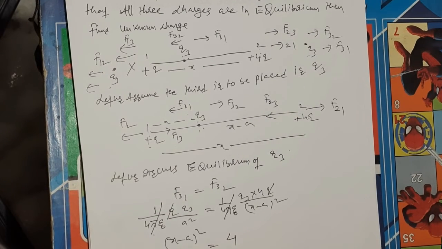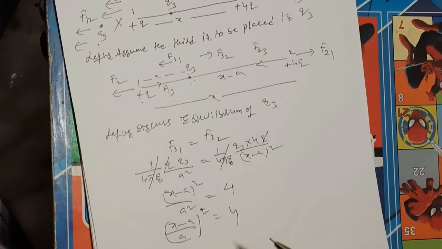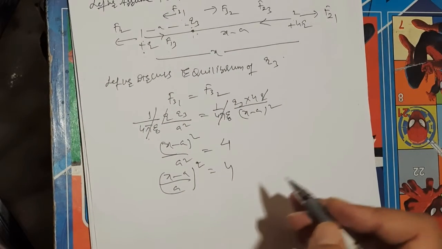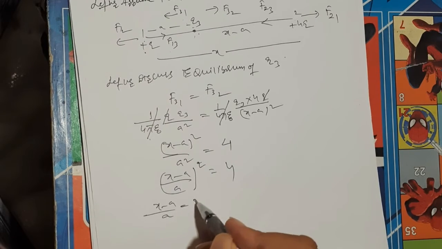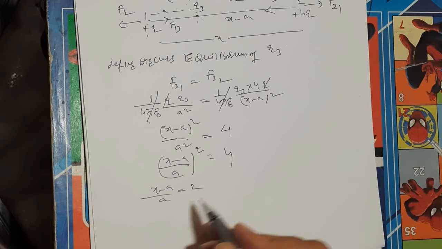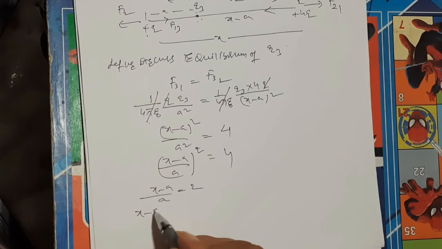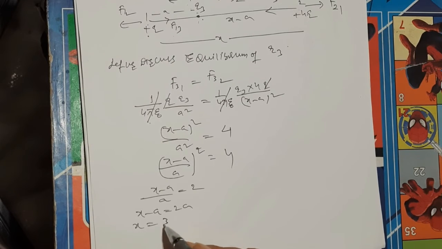So that means x minus a by a whole square is equal to 4. X minus a by a is equal to 2, taking the square root. So x minus a is equal to 2a, x is equal to 3a.